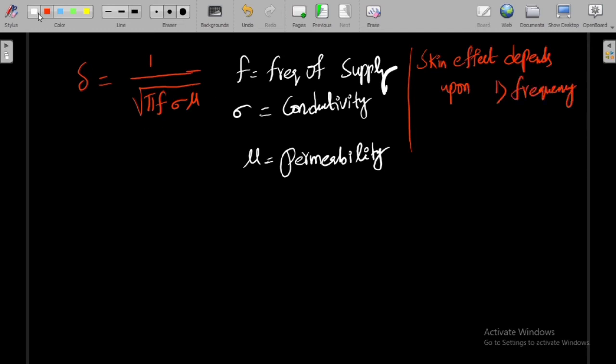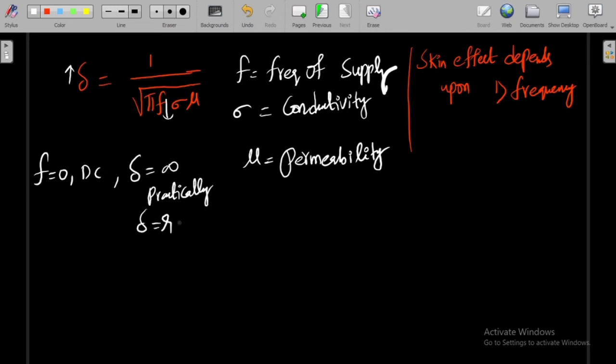If the frequency is lesser, skin depth is more. That is the reason why for DC circuits, as f is equal to 0 for DC supply, skin depth is infinite, but practically what is the value of skin depth? It is equal to R, the total radius or total area of cross section, whatever it may be.